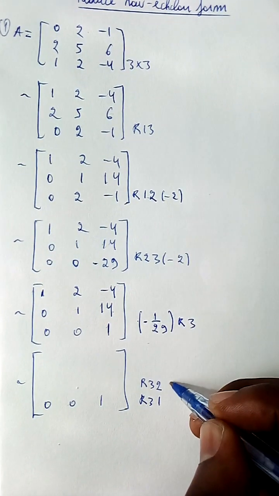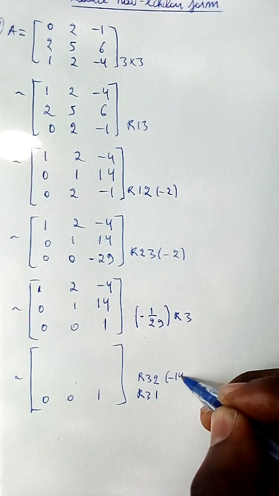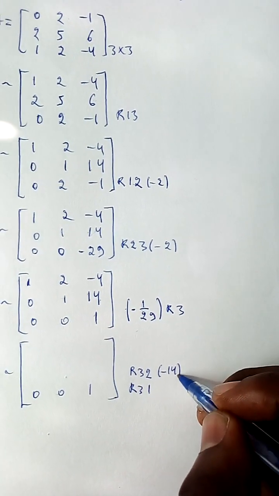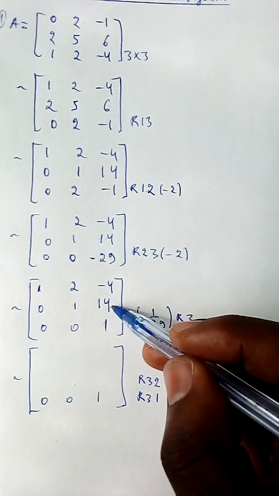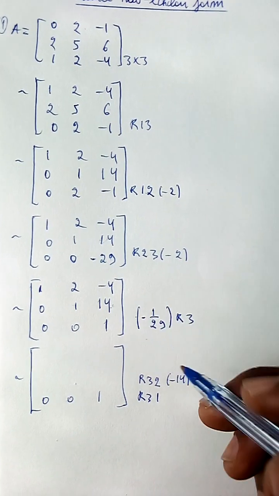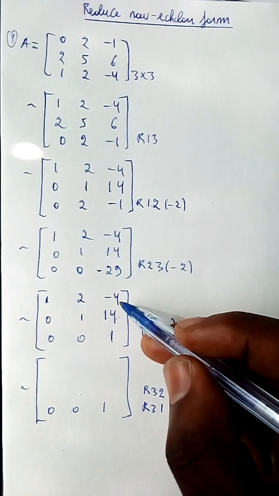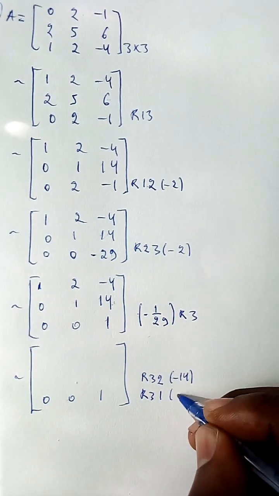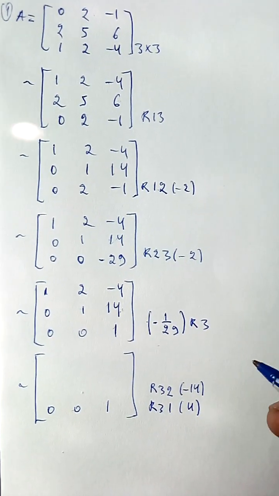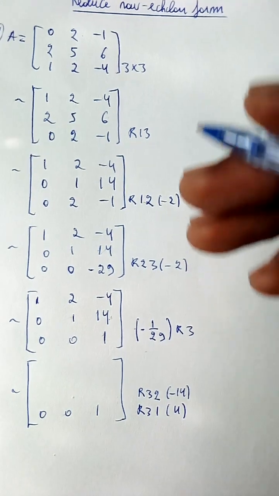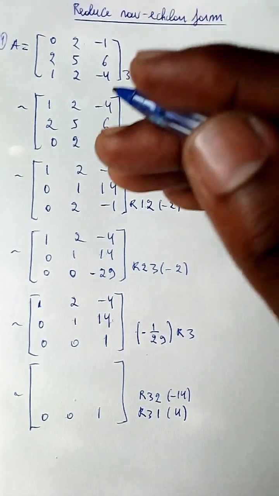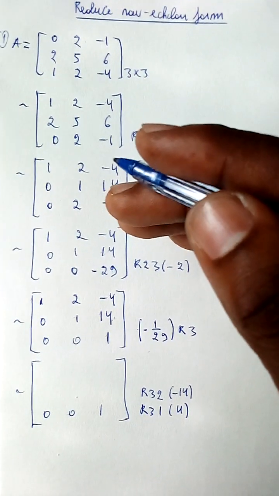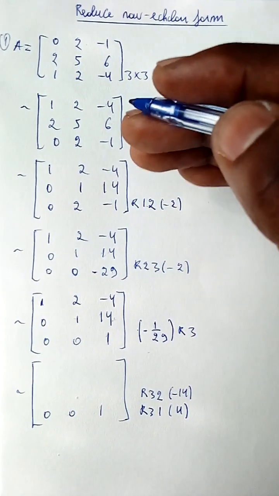So here we are going to use minus 14 to make 0 here in the second row. And to make 0 in the first row, we are going to use 4. So, in row echelon form, we go like this. But in reduced row echelon form, we are going up.